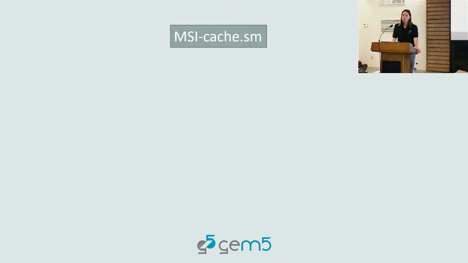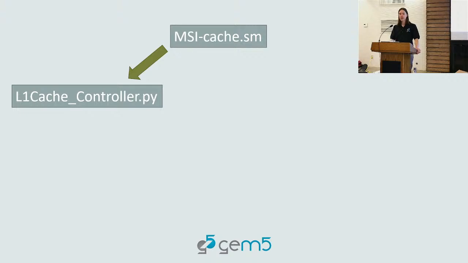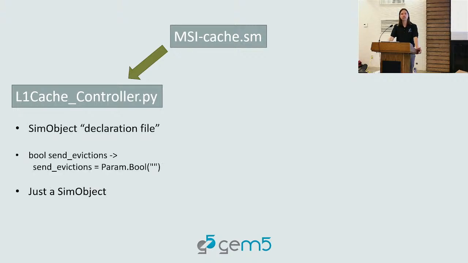Okay, so once we have the state machine file, we run scons to compile gem5. One of the steps in scons is running SLICC, which compiles this file, and it creates the L1 cache controller.py file. This is our SimObject declaration file that we saw yesterday.